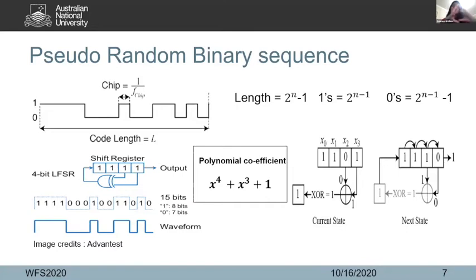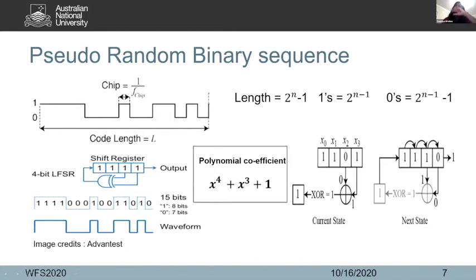and this operation of generating a pseudo random bit is through the XOR operation. And the two inputs to the XOR operation are from the polynomial coefficient. And for each value of n, there will be a polynomial coefficient which decides which shift register's output should be taken for the operation. In case of 4, one of the polynomial coefficients is x power 4 and x power 3 and x power 1.